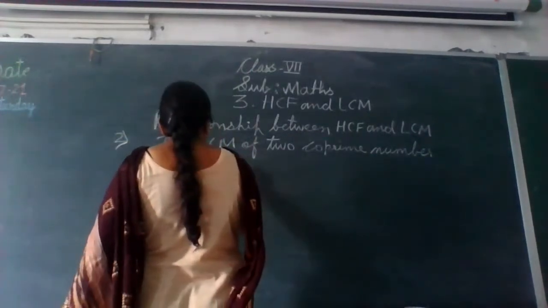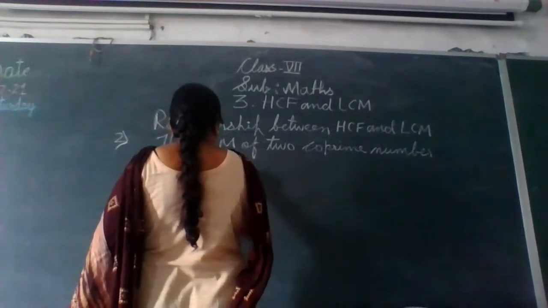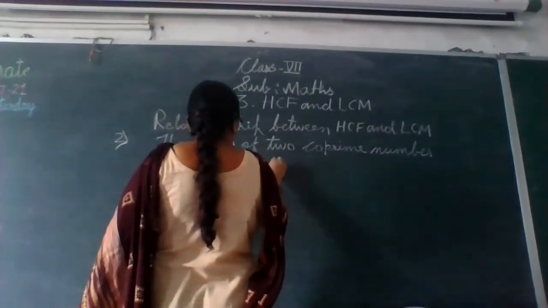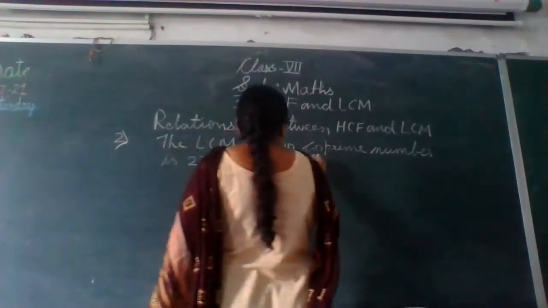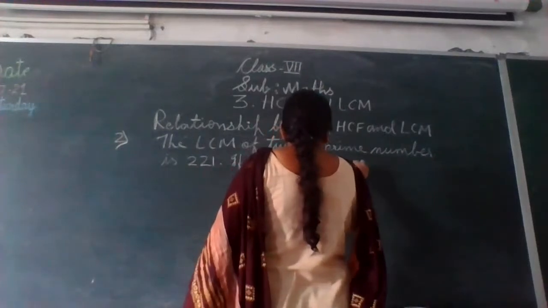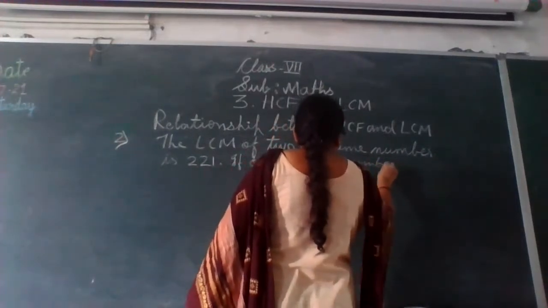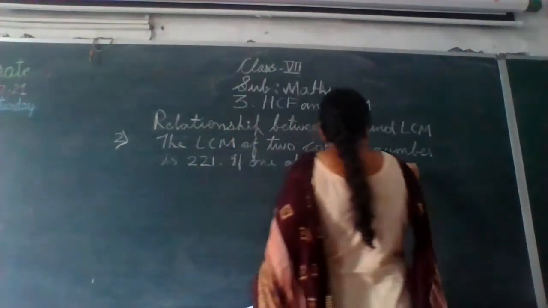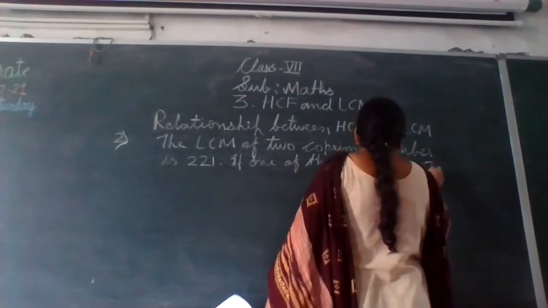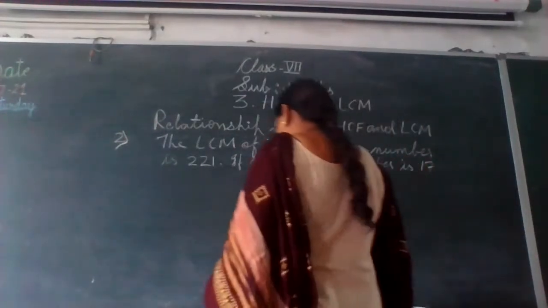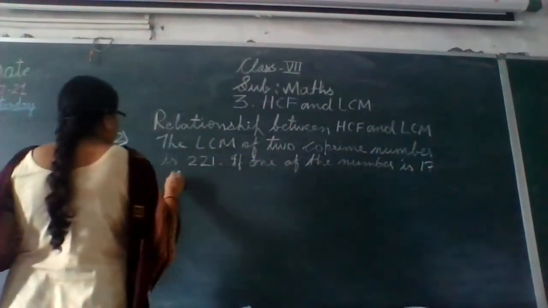If one of the numbers is 17, find the other number.